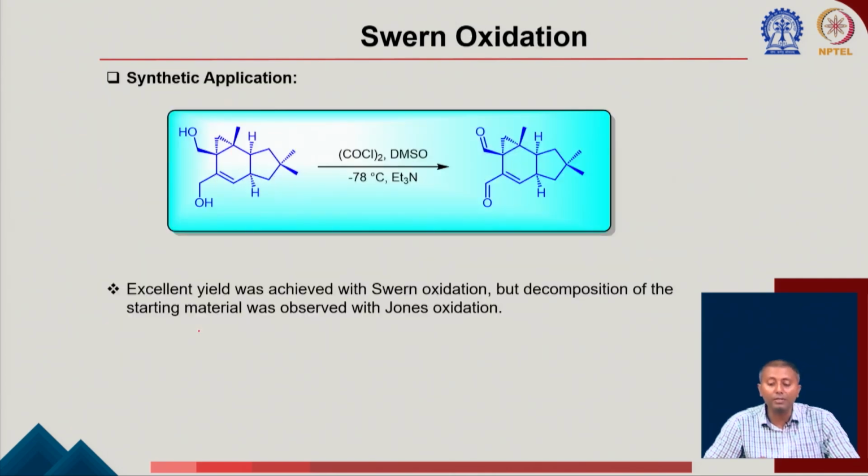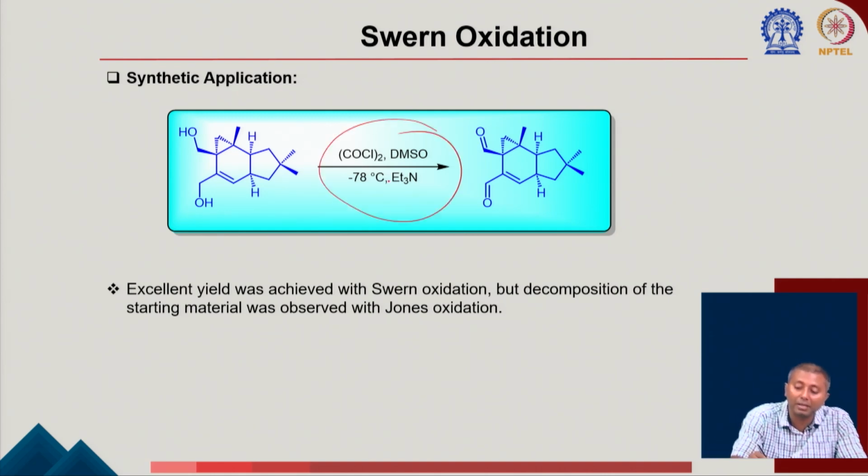So this reaction has several applications. If you are in an organic synthesis lab, someone must be using Swern oxidation for their synthesis. Excellent yield was achieved in Swern oxidation for these particular transformations here. You can see again minus 70 degrees Celsius, triethylamine as a base, and you have this alcohol here.